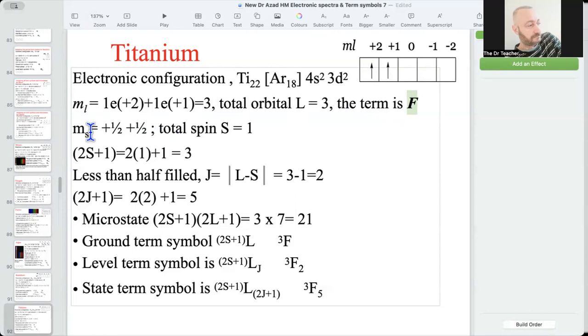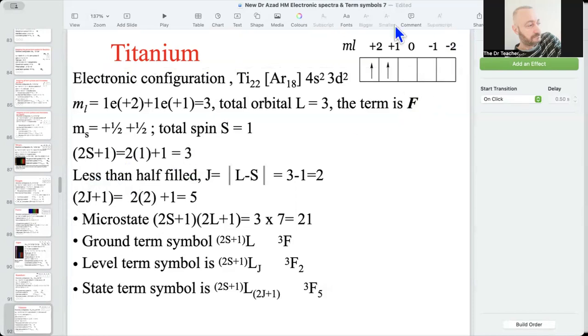And now you count the MS, total spinning. The total spin will be plus half plus plus half, in total will be S equals 1. Now you obtain 2S plus 1, which will be 3.